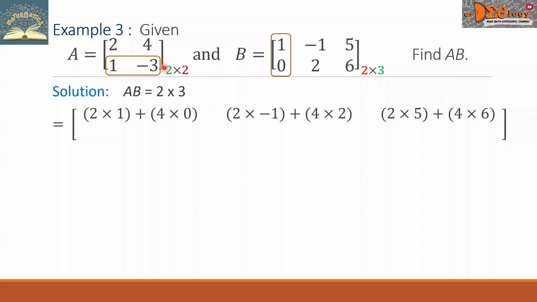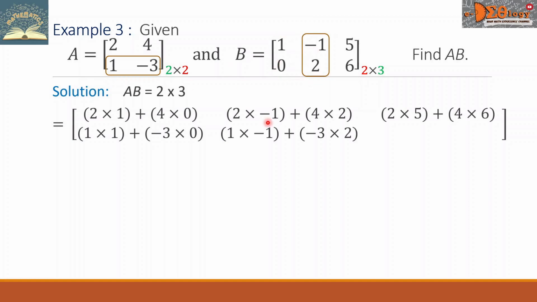Next is second row, first column. So we have 1 times 1 plus negative 3 times 0. Next element, second row, second column. 1 times negative 1 plus negative 3 times 2. Then, second row, third column. 1 times 5 plus negative 3 times 6.